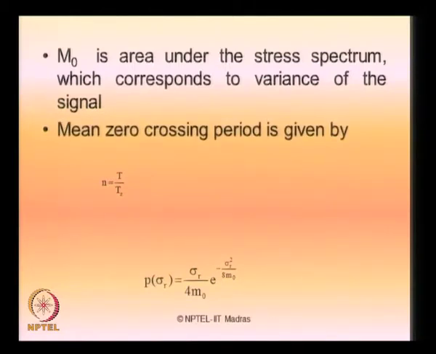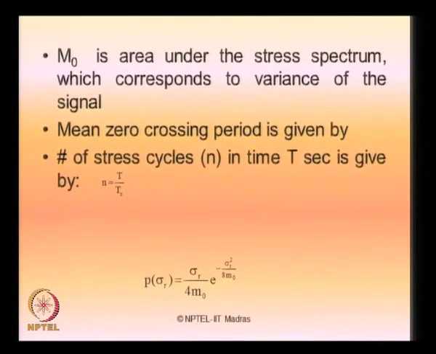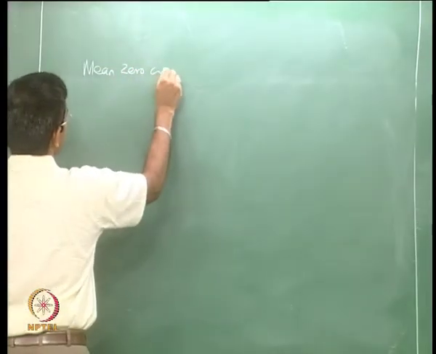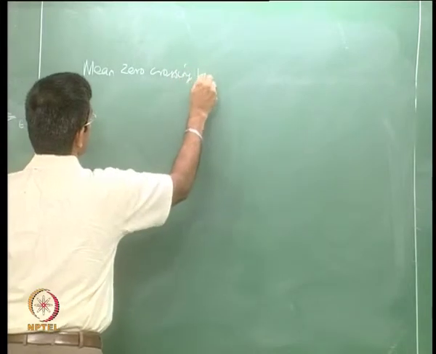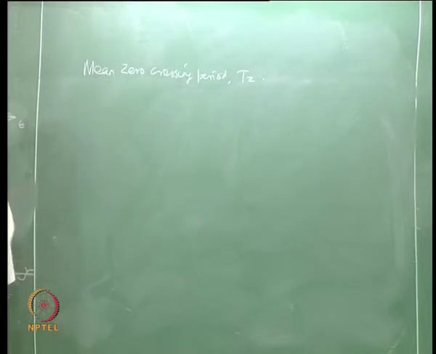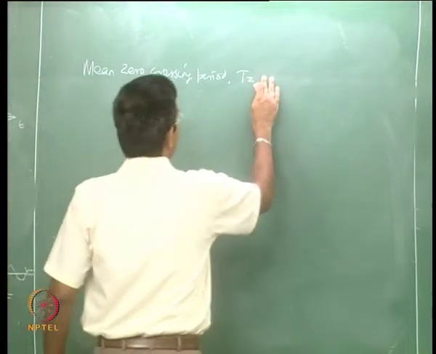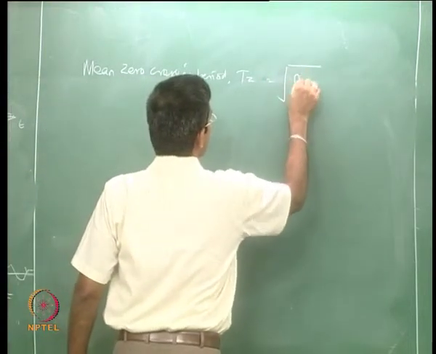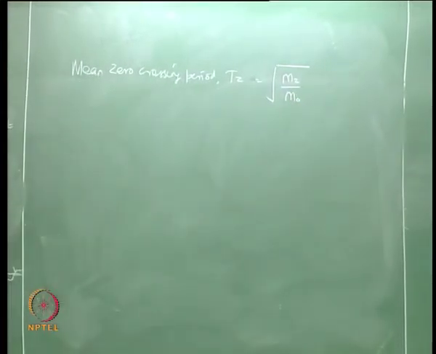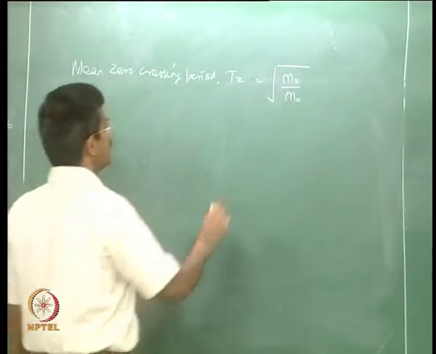The mean zero crossing period, which I call Tz, will be simply given by the square root of M2 by M0, oh sorry, the inverse of this, M0 by M2.